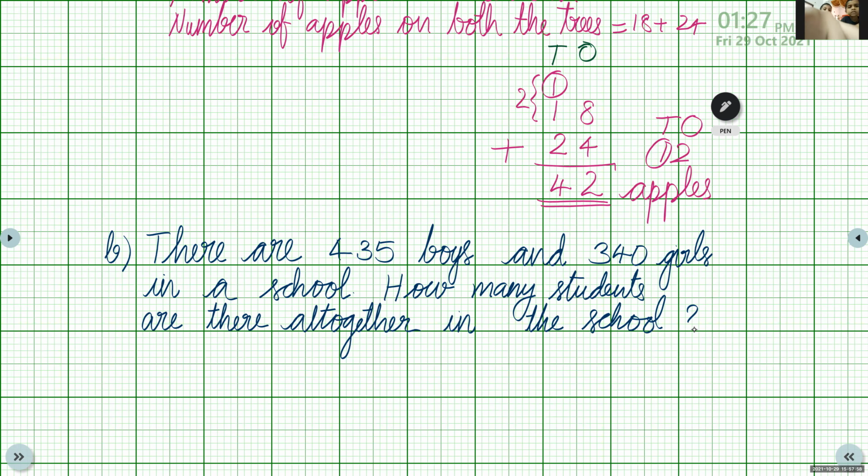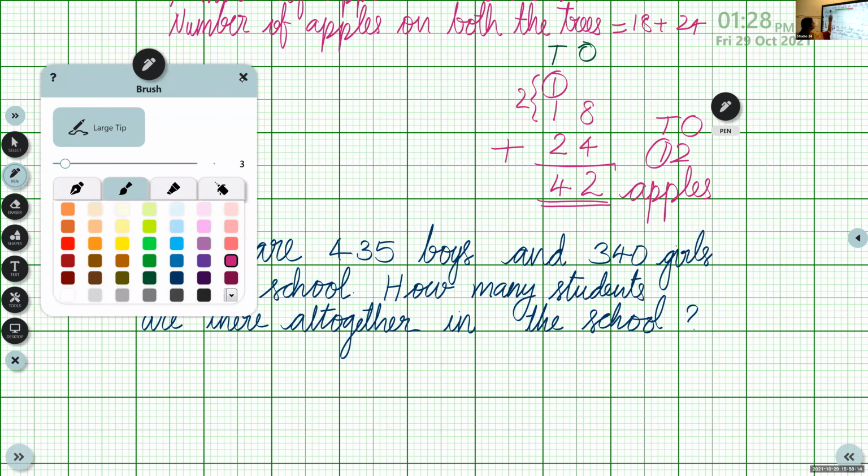How many students are there altogether in the school?